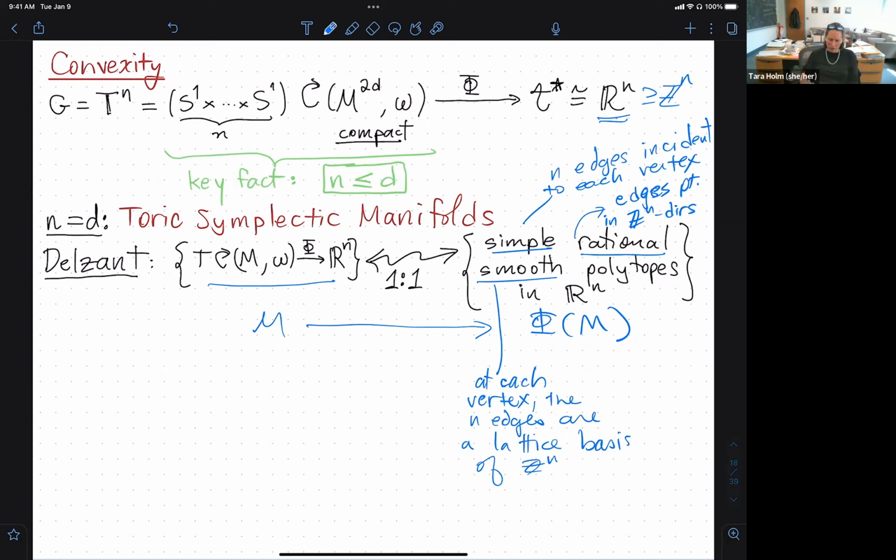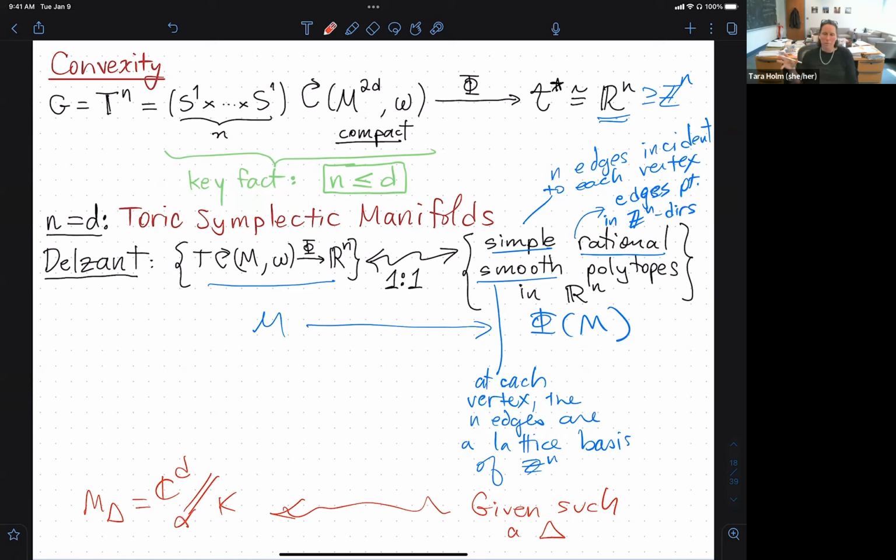Once you have each of those requirements, one direction of this one-to-one correspondence is easy: take a manifold with a Hamiltonian action, produce the momentum polytope. The other direction, given such a polytope, going backwards and producing such a manifold: M delta is defined from some complex d-dimensional vector space, and you create it by symplectic reduction at some alpha.